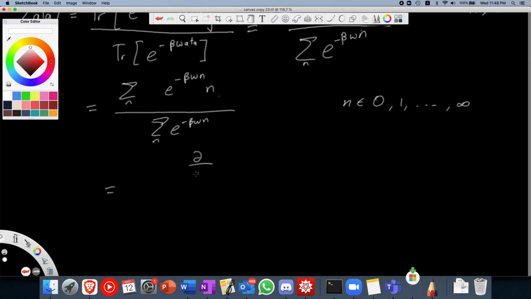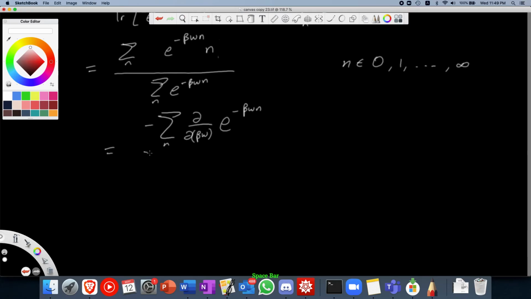We take the derivative with respect to beta omega, put a minus sign in front, and then we have e to the power minus beta omega n. Okay, so then we have the denominator, which is simply... so okay, let's leave it in its original form.